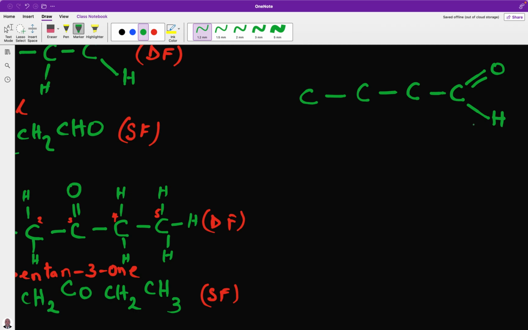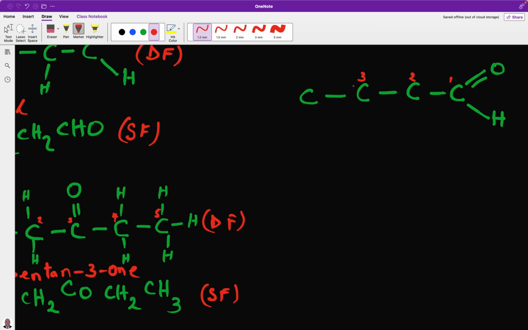Now we said it is 2-methyl butanal. The position from the functional group, we have 1, 2, 3.